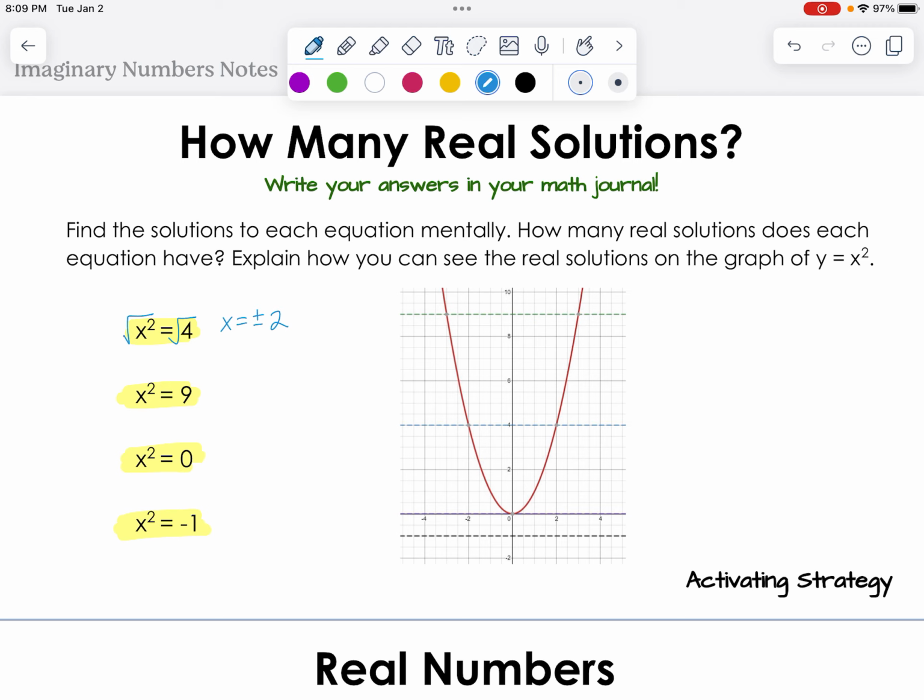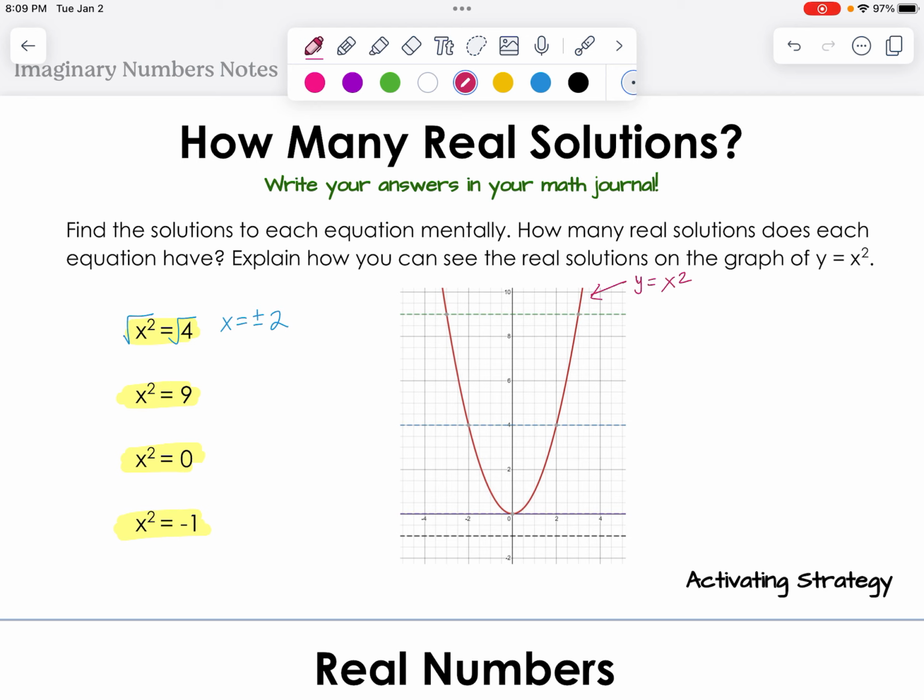Looking at the graph, we've got this quadratic equation right here. This is the parabola, and that is the parent function. So this equation right here in red represents y equals x squared.